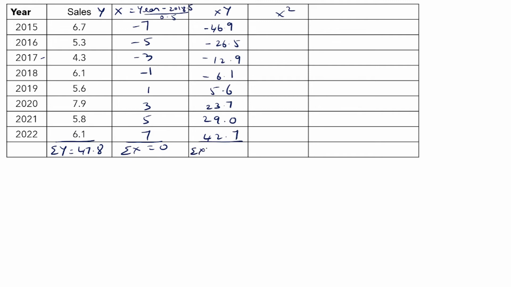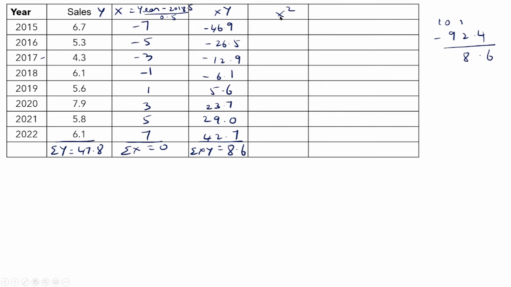So summation xy will be, here if we add all the positive terms we get 101 and all the negative terms comes out to be 92.4. So it is 8.6.